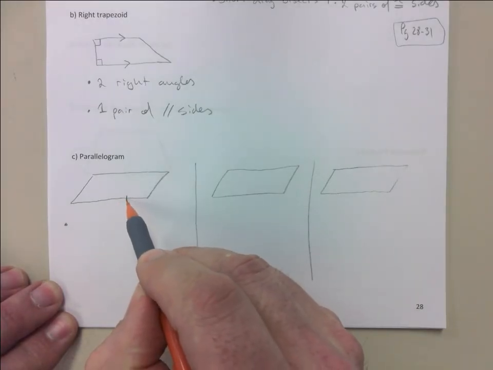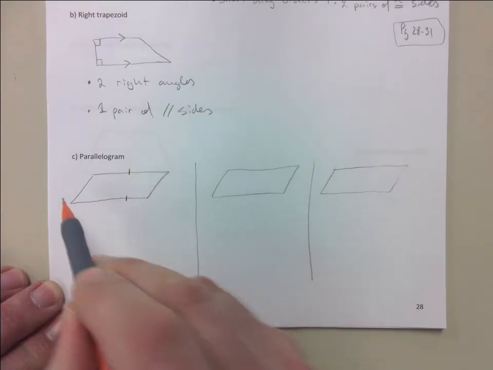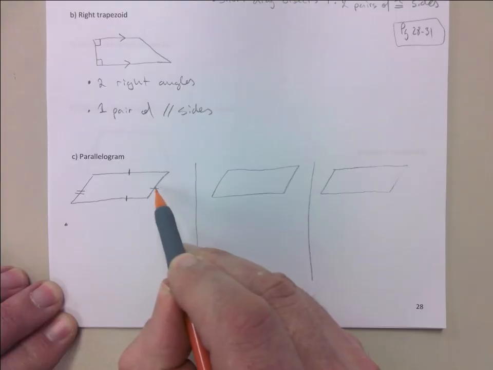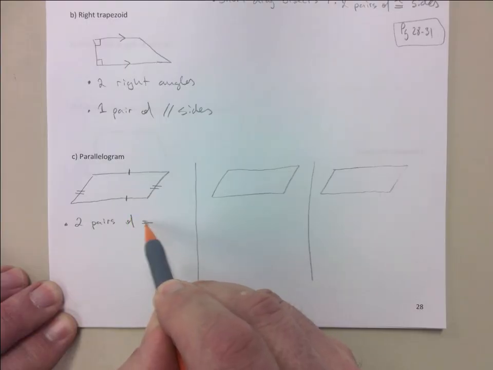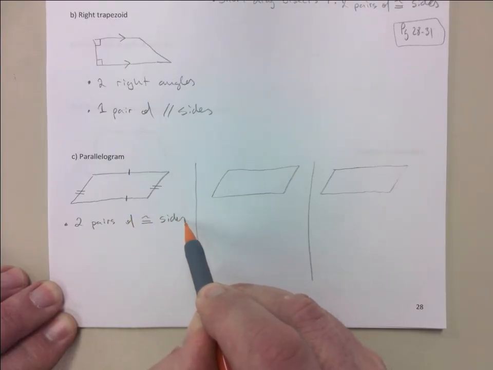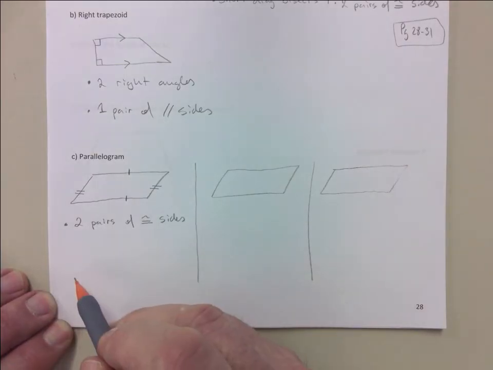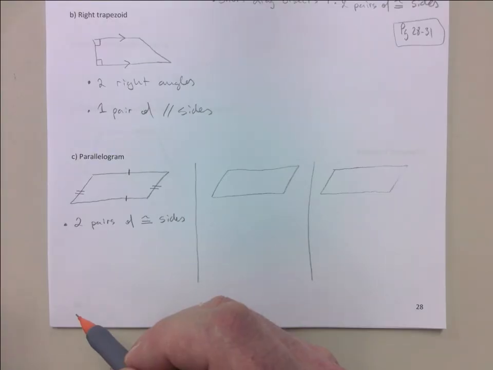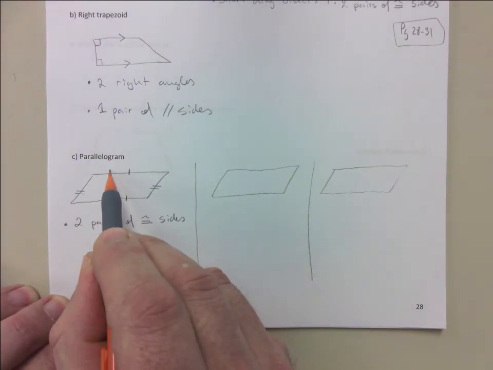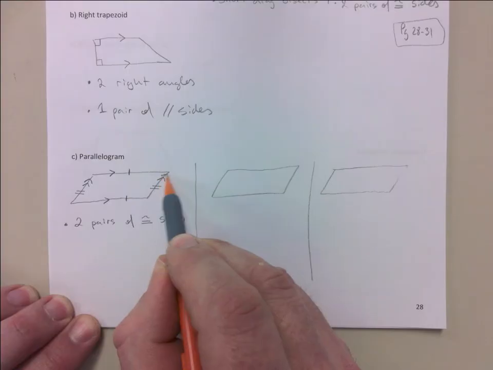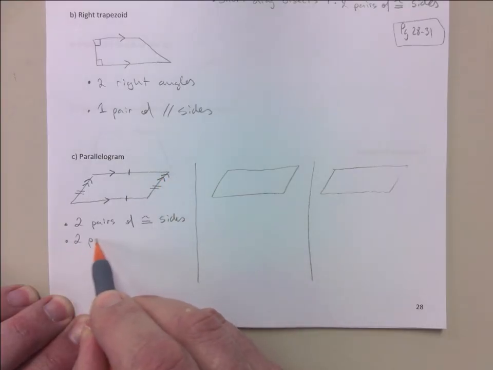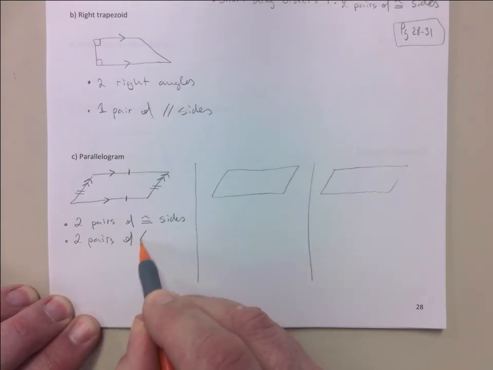I know that this side measures the same as the top, and I know that this side measures the same as that. So two pairs of congruent sides. What else do we know about the sides? It's called a parallelogram. Parallel, right? It should tell you this one is the same. They will never meet. This one has two arrowheads. Okay, two pairs of parallel sides.